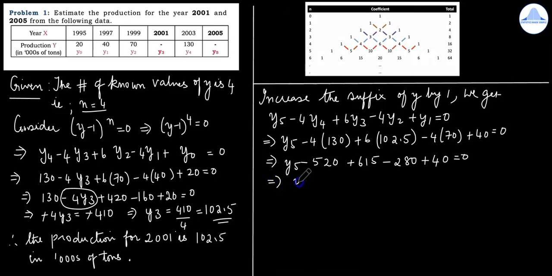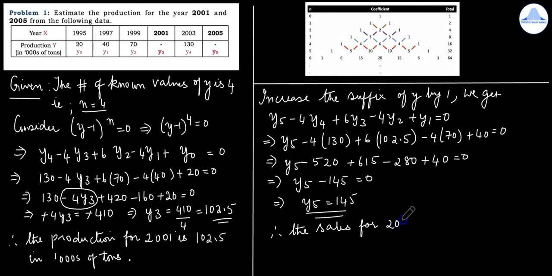Now just keep only y5 as it is and put the remaining values in the calculator. So y5 minus 145 is equal to 0, which implies y5 is equal to 145. So you can write, therefore the sales for 2005 is 145 in thousands of tons.